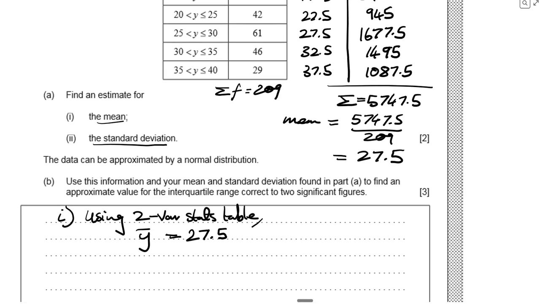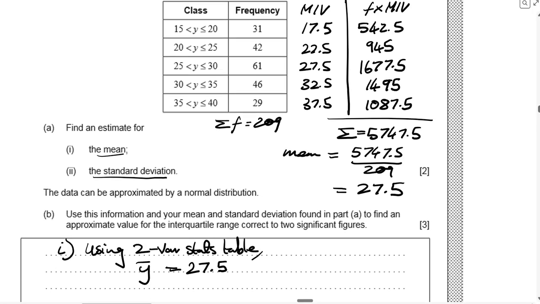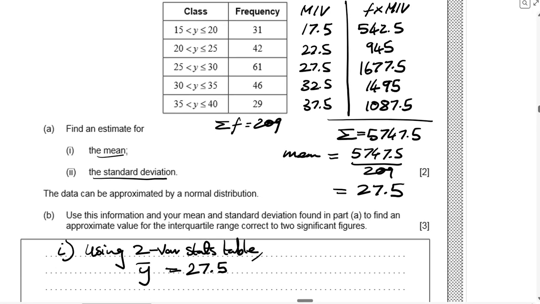And it's actually a 1 variable situation, but you have to go into your 1 variable table and go to the settings for 1 variable, and so we have 1 variable x list is equal to list 1, and we have 1 variable frequency, we have to make it equal to list 2.